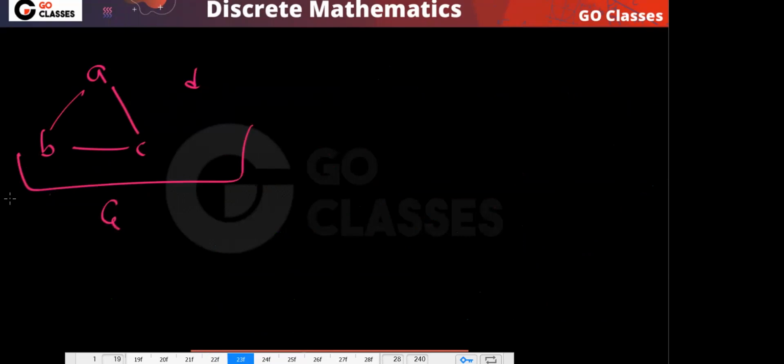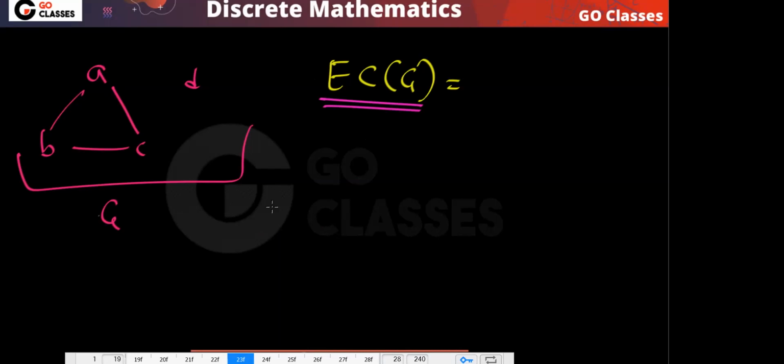Okay, for this same graph, you have A, B, C, D. And tell me, what is the edge cover of this graph? The edge cover, like edges which will cover all the vertices. Is it possible?